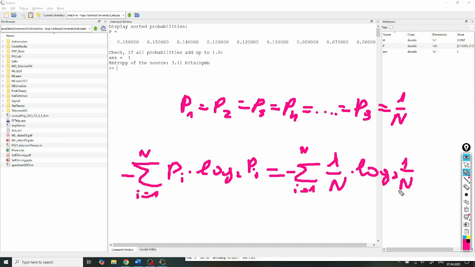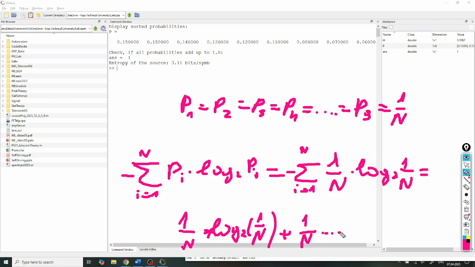So essentially, what we are going to do here is 1 versus n log 2 of 1 versus n, plus 1 versus n log 2 of 1 versus n, plus the same stuff.